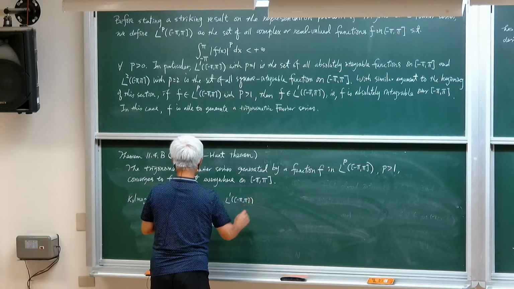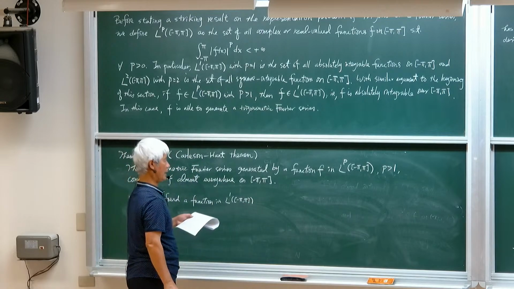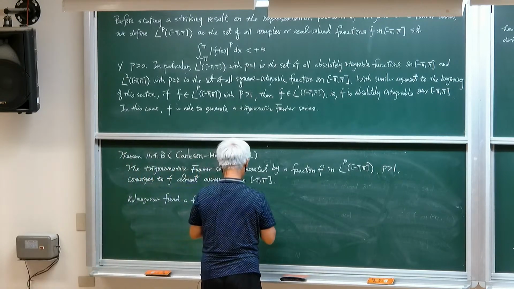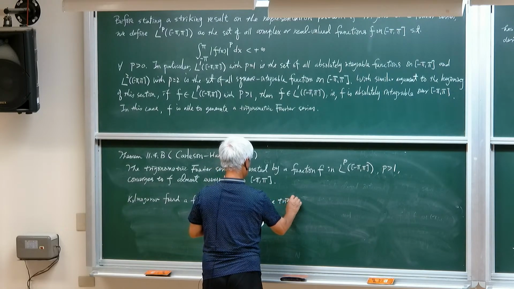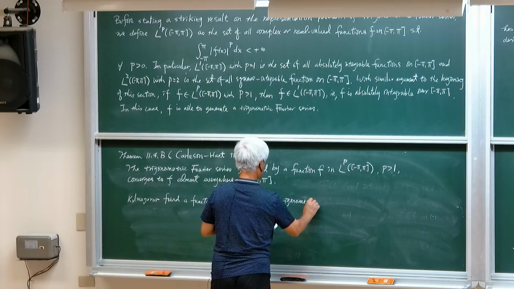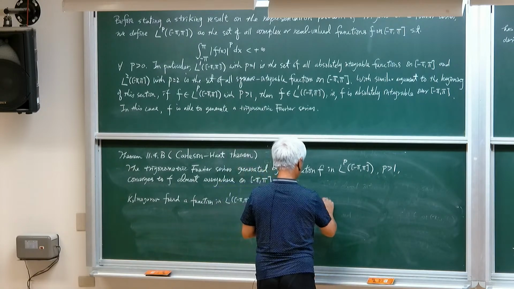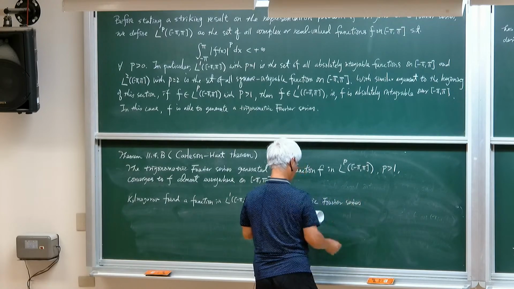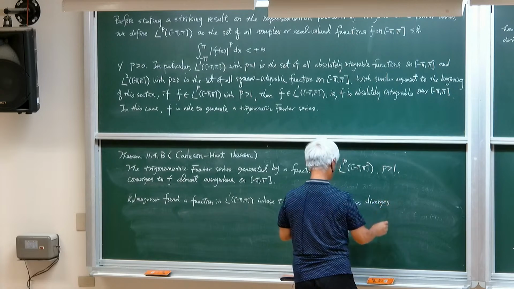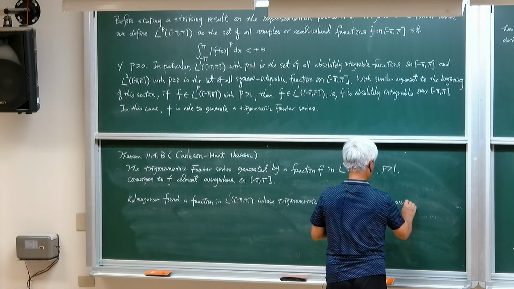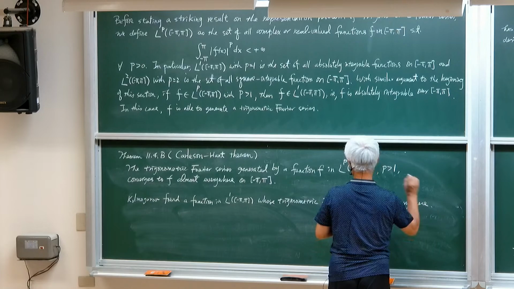Right, so Kolmogorov found an absolutely integrable function whose trigonometric Fourier series diverges everywhere.